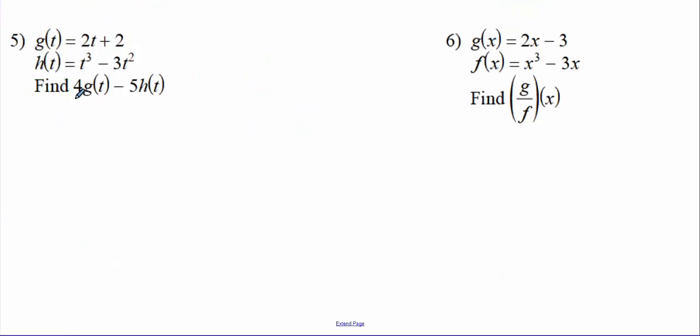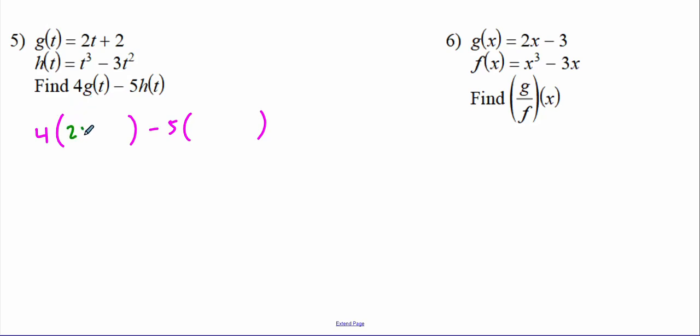Okay. All right. So this might look a little bit weird at first, but all this is basically saying 4 times the g function, like 4 times the g, whatever g is, and I'll just insert it in a second, and then minus 5 times the h function. Again, I'm gonna just insert it in here. So the g function goes inside here.